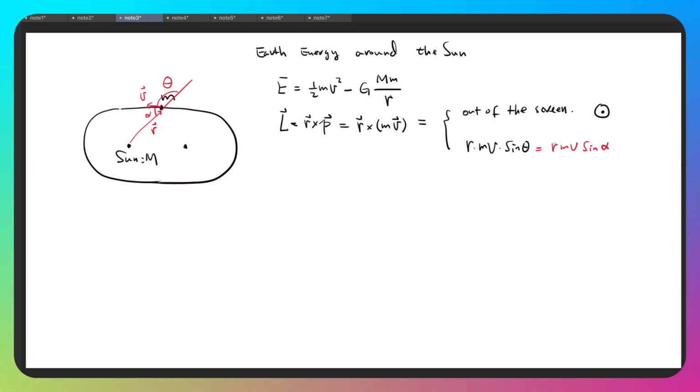So that's the magnitude. All right, so now let's talk about two special places. One place is closest to the sun, and this position is called perihelion.